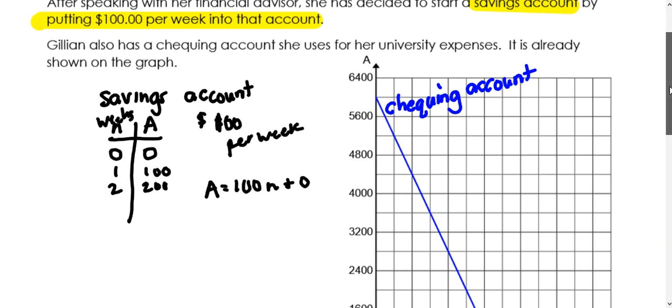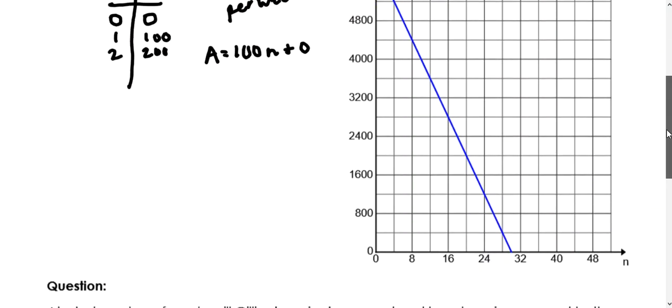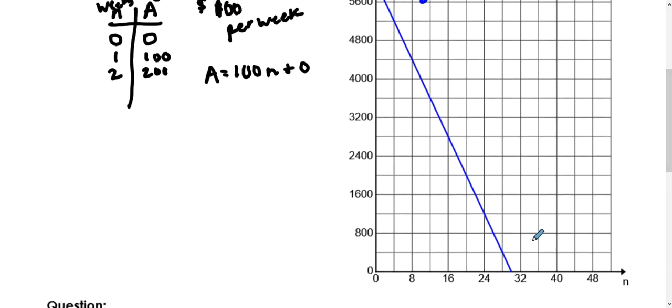Okay. So let's look down on our chart here. Oh, these values down here don't match what I have up there. So let's figure this out. What would it be if it was 8? Well, I could have 100 times 8 plus 0.